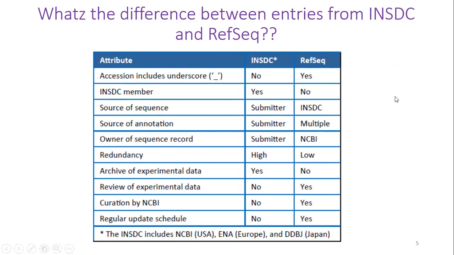Say, for example, in the case of a reference sequence entry, the accession number includes an underscore. If an accession number contains an underscore, that means the entry belongs to the reference sequence database, while such underscores are not present in the accessions of entries that belong to INSDC databases like GenBank or DDBJ.